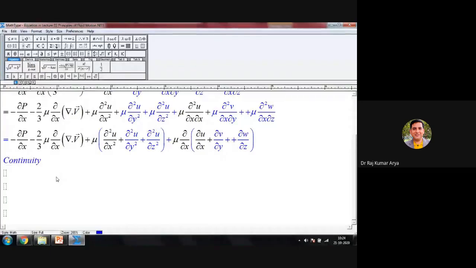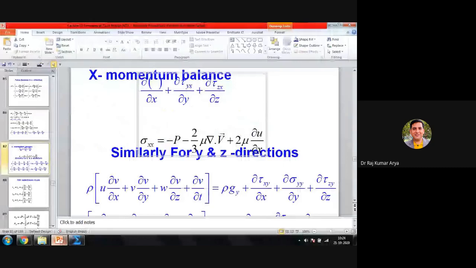What is the continuity equation? Sir, del by del t over control volume rho dV plus. Okay, just wait. Or I can find it from there, because that may save my time actually.